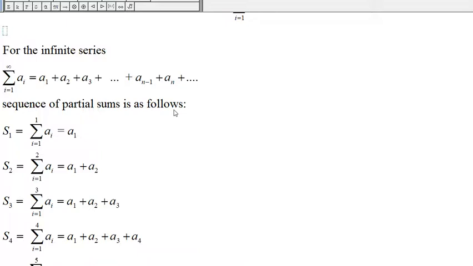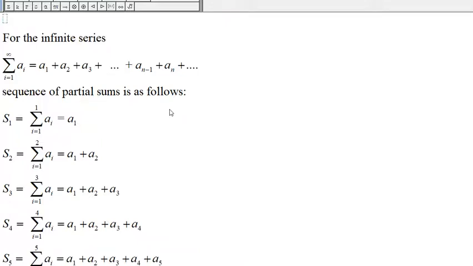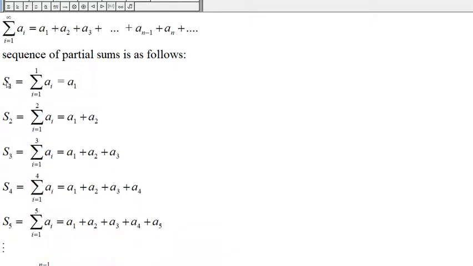And next, we have what's called the sequence of partial sums. So we let S sub 1 be the first term, S sub 2 be the sum of the first two terms, S sub 3 be the sum of the first three terms, S sub 4 be the sum of the first four terms, S sub 5 be the sum of the first five terms.